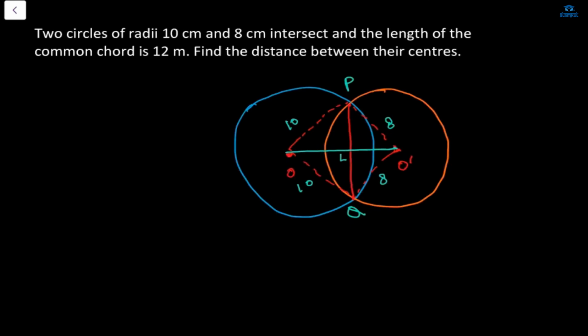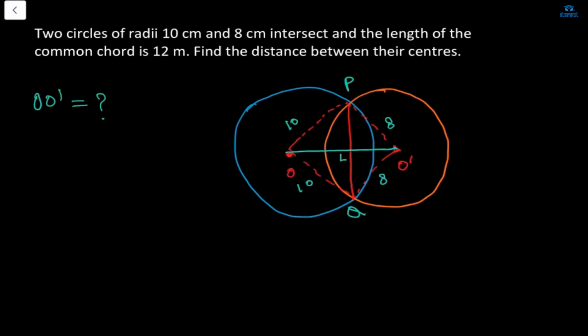So we need to find out OO dash. Since PQ is the chord, and if you draw a line from the center onto a chord, it will be what? We will be taking a perpendicular.